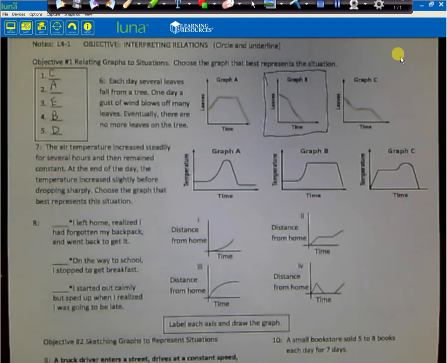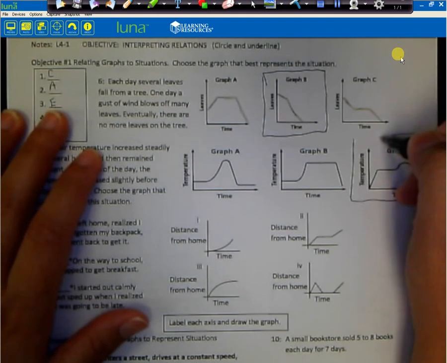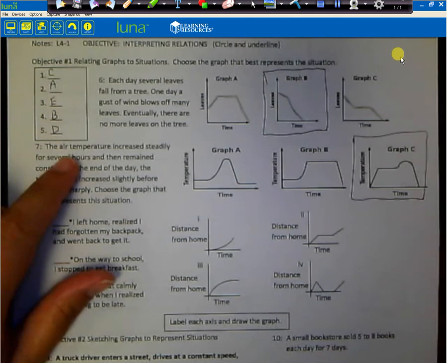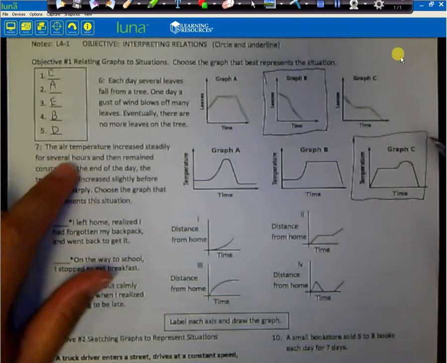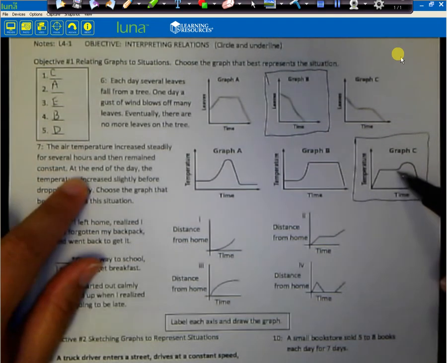Alright, hopefully you've had a chance to check and see which one you think it is. This one is actually going to be graph C. The reason that it's graph C, it says the air temperature increased steadily, so it went up at a constant rate of change. And then it remained constant, meaning that the temperature did not change.